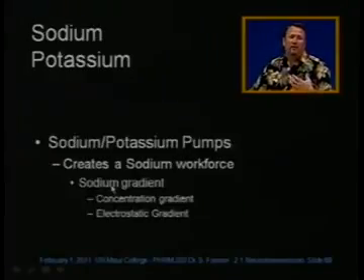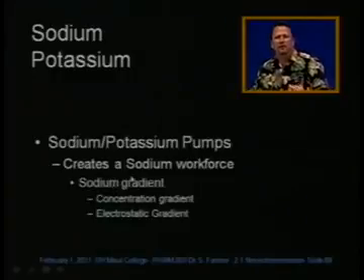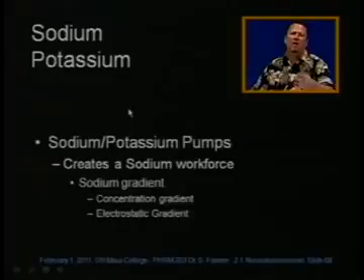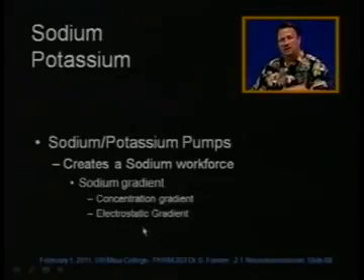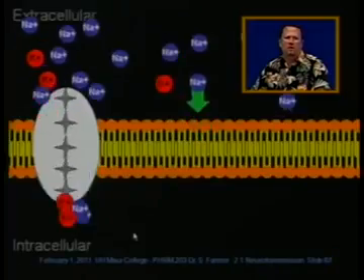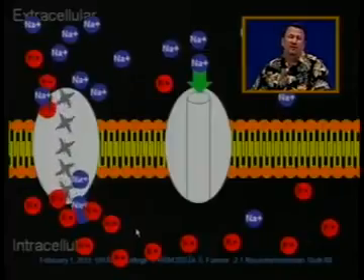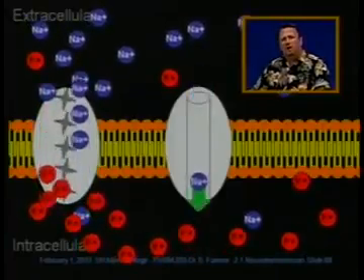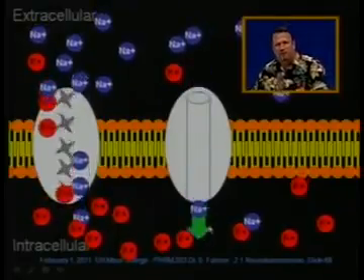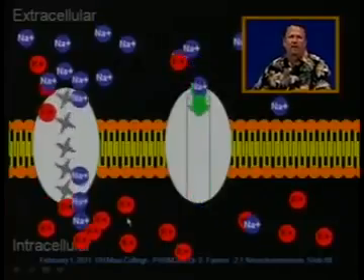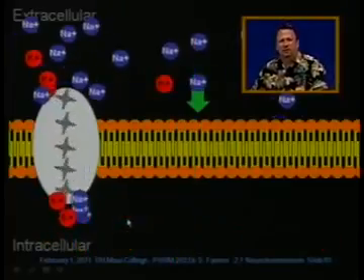And so how the sodium-potassium pumps do this is to form a gradient. By having more sodium outside of the cell, the sodium tries to get back in with a concentration gradient, and it tries to get back inside with an electrostatic gradient as well. And so something we can do with that sodium force is put that sodium to work. And so we can have all sorts of little sodium channels to allow the sodium back into the cell, and we can put that to work.